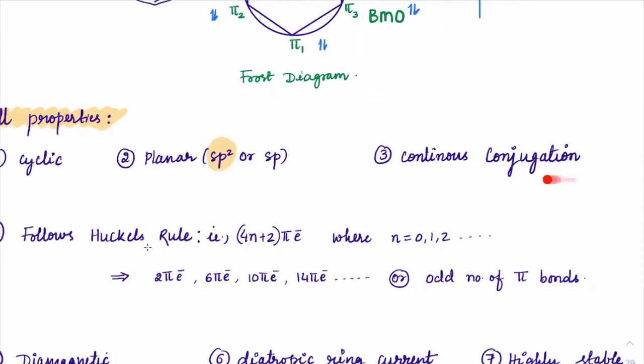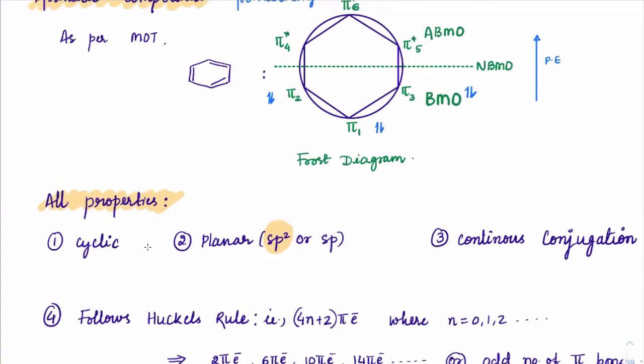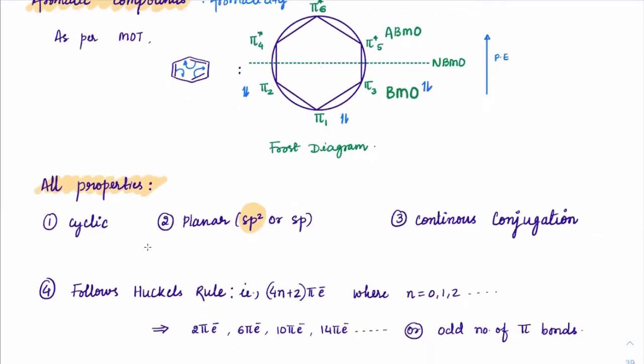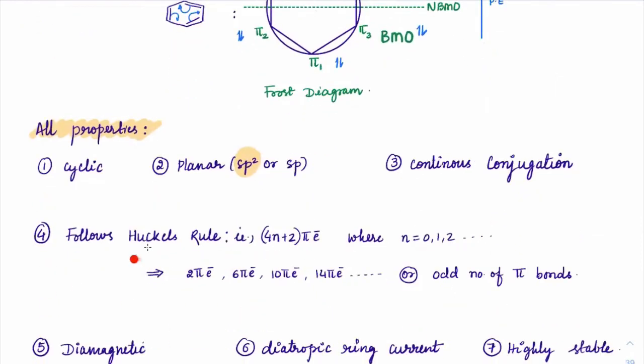Then continuous conjugation must be there. You can see here there is continuous conjugation. There is a movement of pi bonds all the way throughout the benzene ring. So there must be continuous conjugation. Next, it must follow something called Huckel's rule. Huckel's rule is nothing but a valence bond theory way of explaining aromaticity.